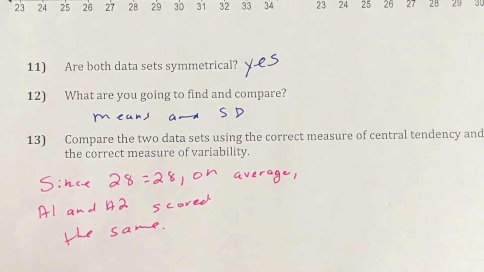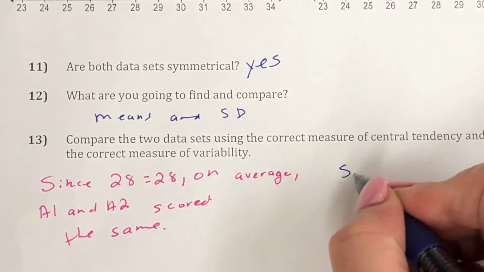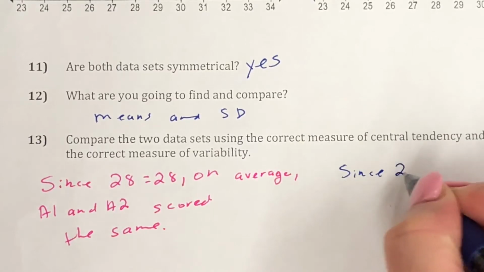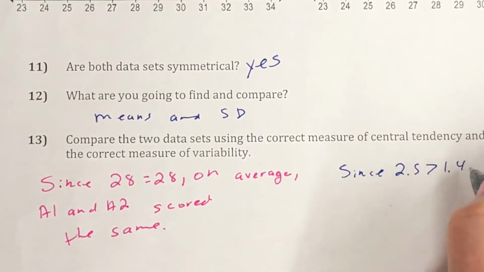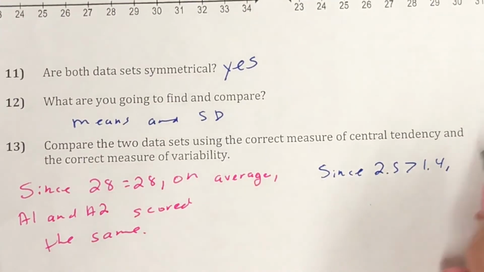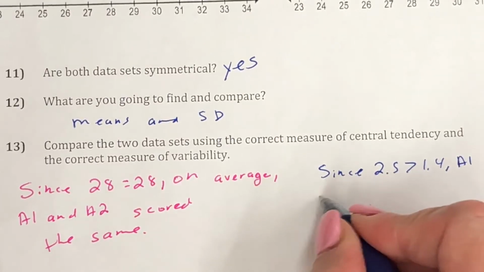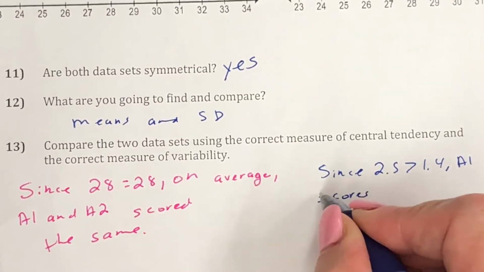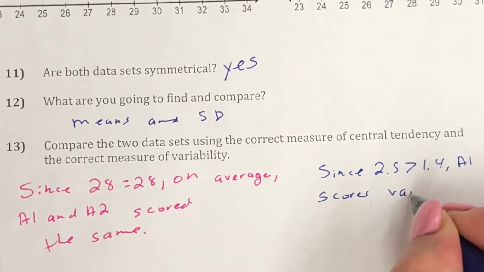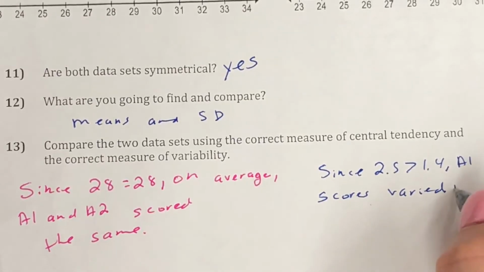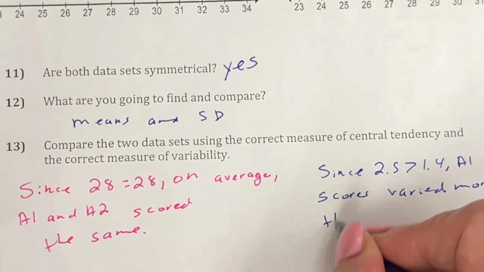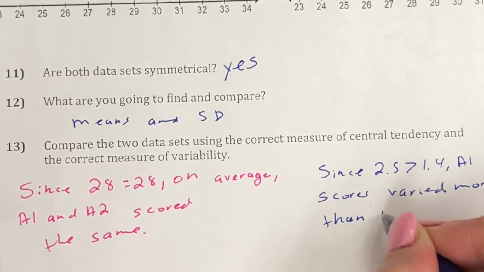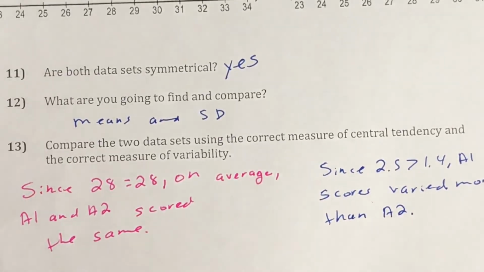Okay, now we're going to compare the standard deviations. So since 2.5 is greater than 1.4, A1 scores varied more than A2.